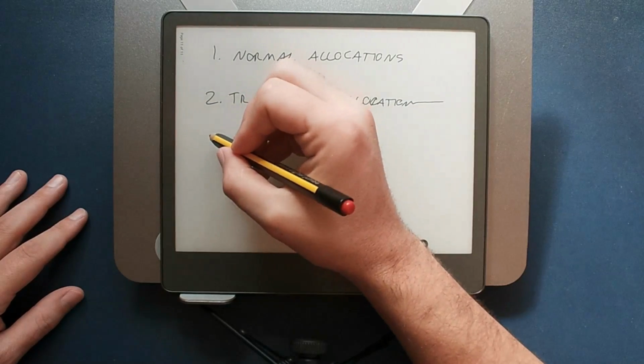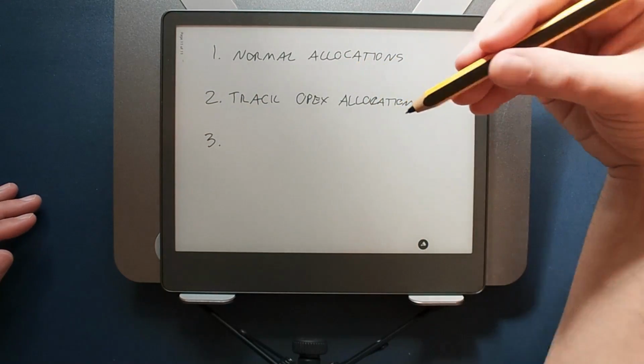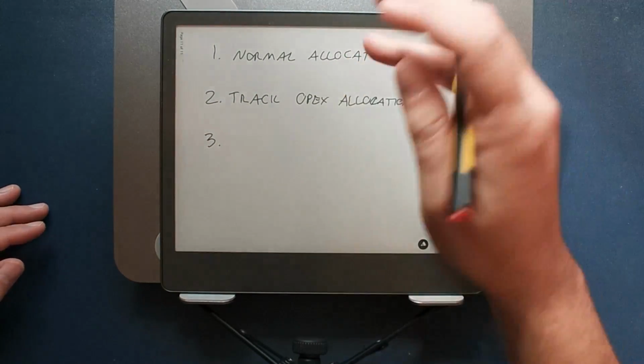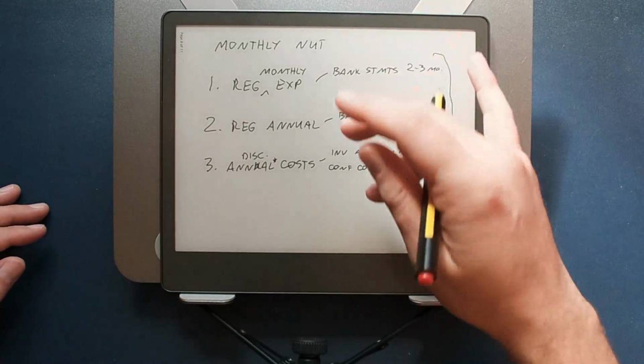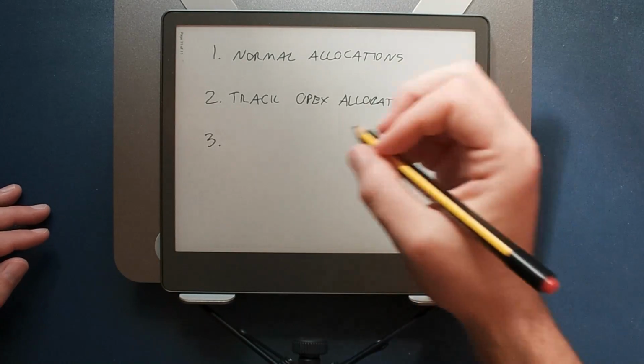So track those things so that you know how much cumulatively you've put into OpEx over the course of the month. Then if within the month, the amount that you have put cumulatively into OpEx exceeds your monthly nut amount, transfer that excess to a new bank account.